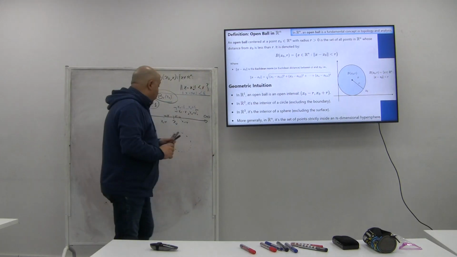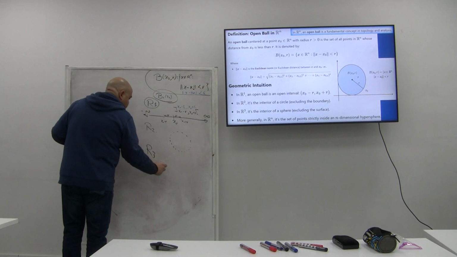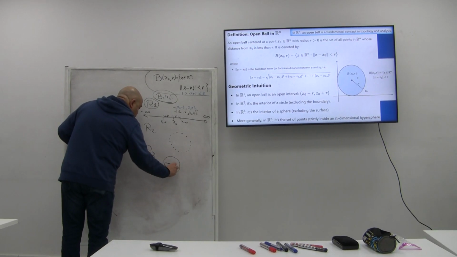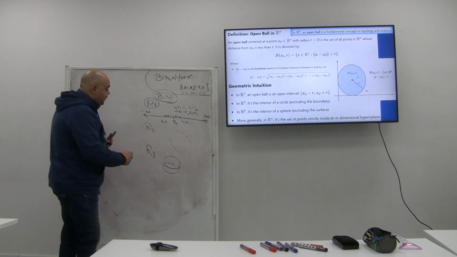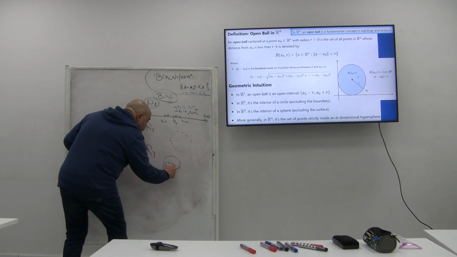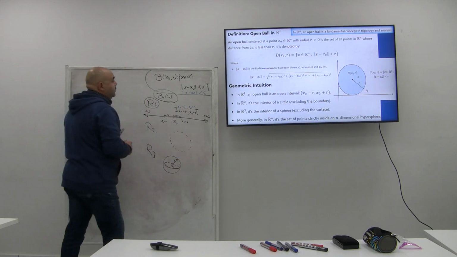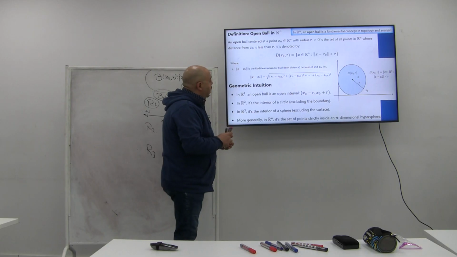If we go to R3, then we are dealing with a sphere, where x naught is really in the center, and this is R, which is defined by the Euclidean distance.